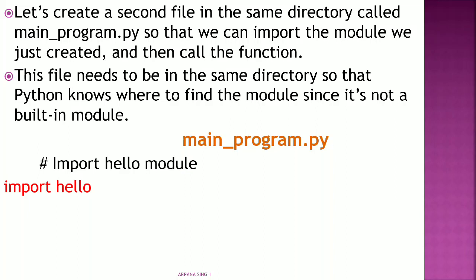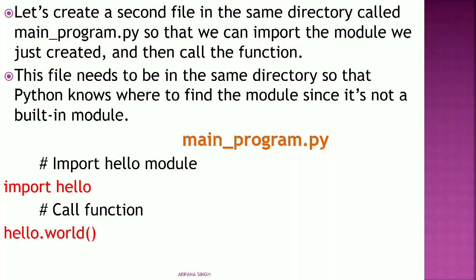Now what is hello? Hello is the name of the previous Python program file that you created just now, hello.py. Now in this main program.py, you'll write the first statement as import hello. So that hello.py will become the module here.